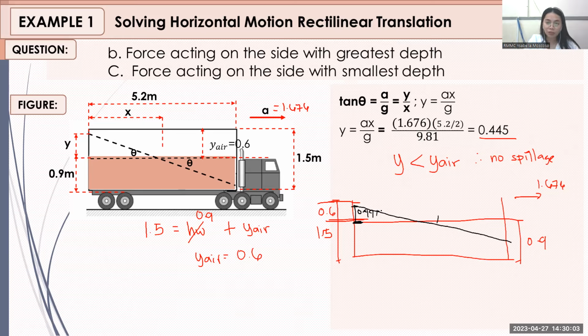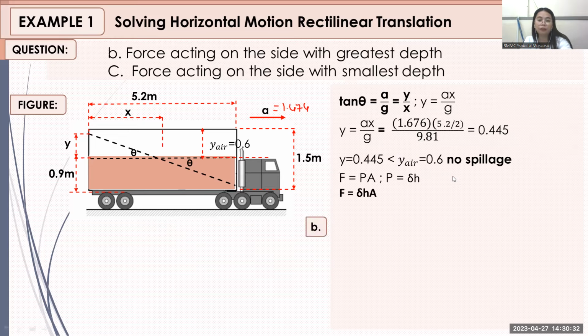Tapos ang height naman ng air natin before magkaroon ng spillage is 0.6. So, ibig sabihin, pagbabasihan natin ngayon, if there is spillage or wala, is yung y ninyo or yung height ng inclination ninyo at yung height ng air ninyo. So, therefore, in this case, there is no spillage pa. Okay?